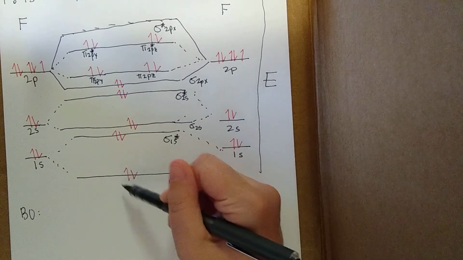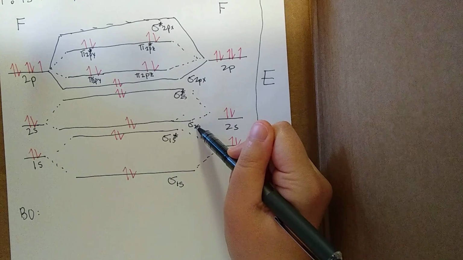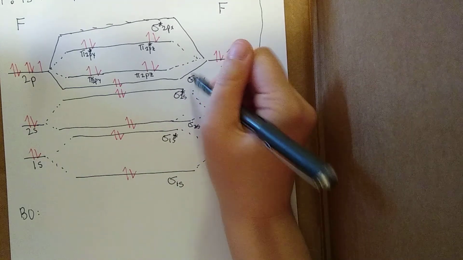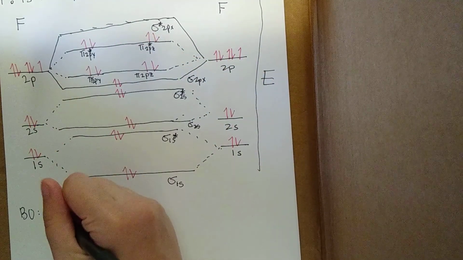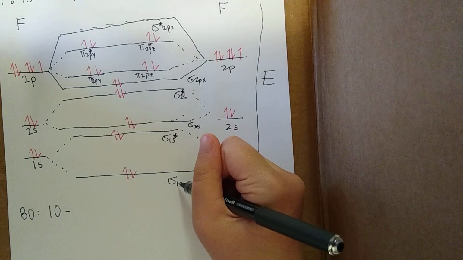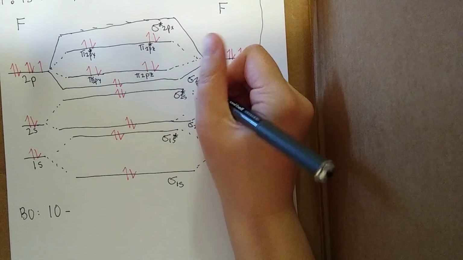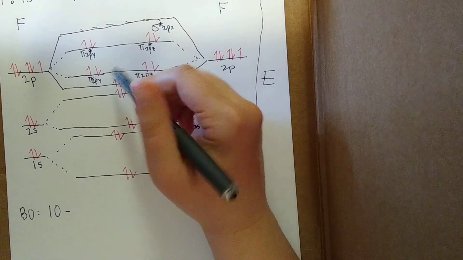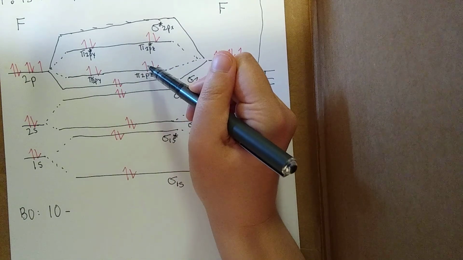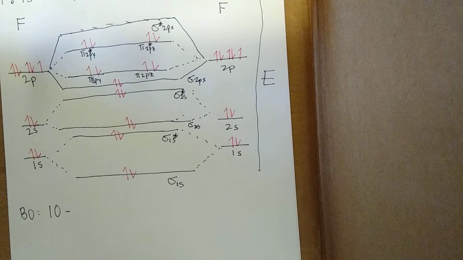For the bonding, there's 2 from the sigma 1s, so there's 2, 4, 6, 7, 8, 9, 10. I want to reiterate that these are coming from the sigma 1s, sigma 2s, sigma 2p, and the 2 bonding pi orbitals here. So that gives us a total of 10.